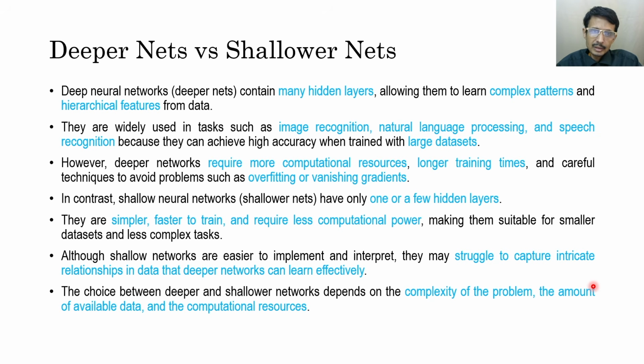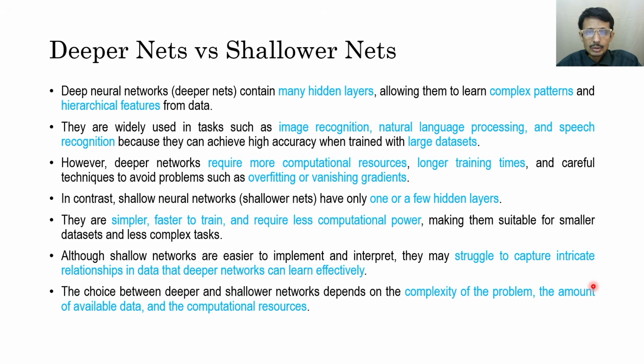Design-wise they are simple and easy to implement, but not that accurate or powerful for complex tasks like image recognition, semantic segmentation, and different context recognition or context modeling tasks.